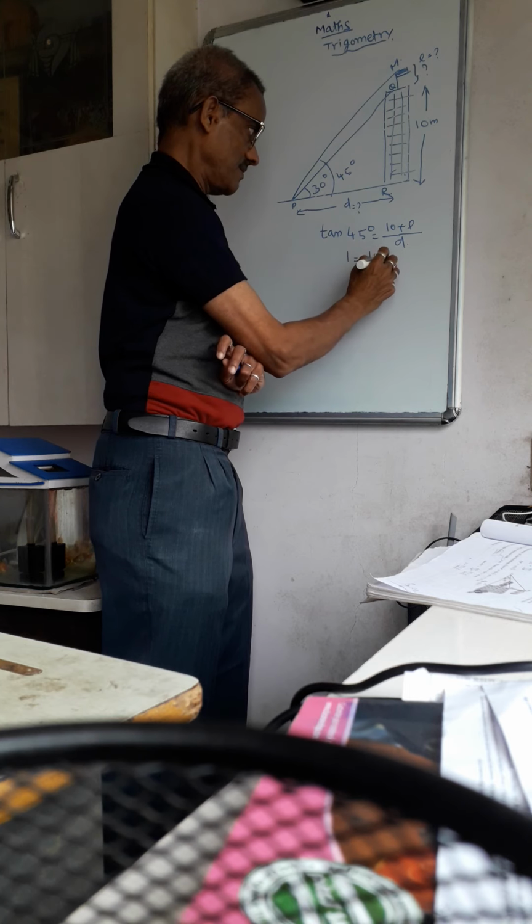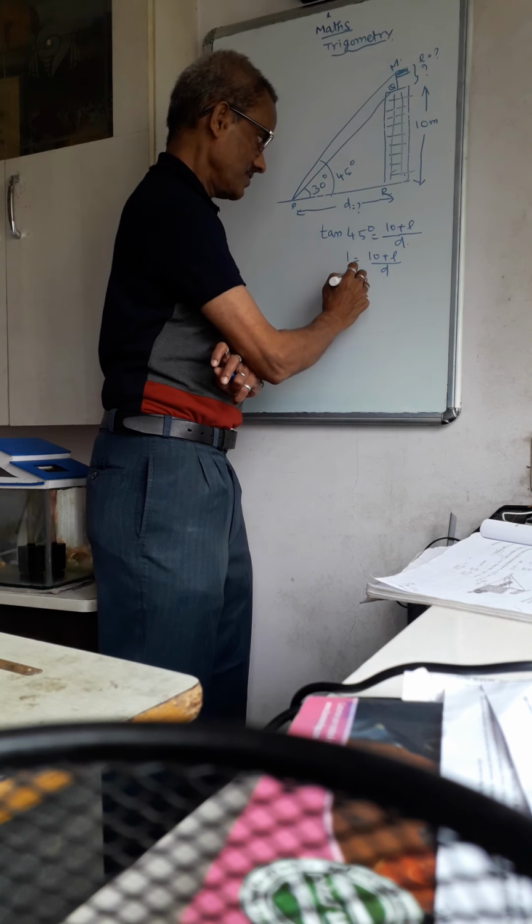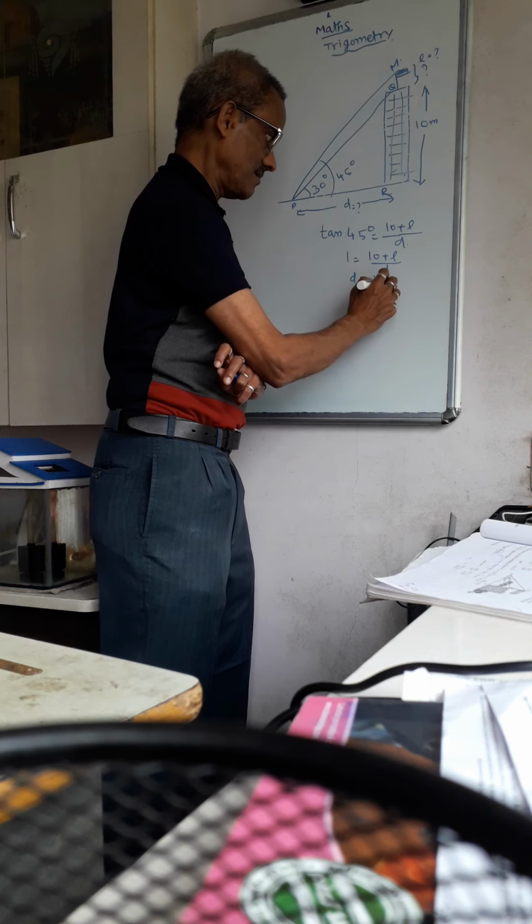So 1 equals 10 plus L divided by D. Therefore D is equal to 10 plus L.